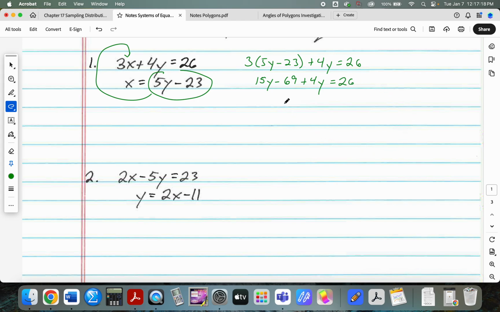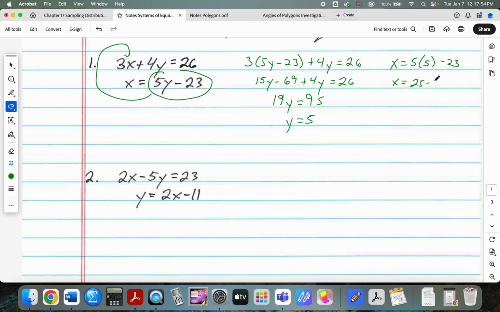Let's see, I'm going to add 69 to both sides. So this is going to be 19y is equal to 95. Yeah. So then dividing by 19, we get y is equal to 5. Since y is equal to 5, we know then that x is equal to 5 times 5, replacing the y with 5, minus 23.